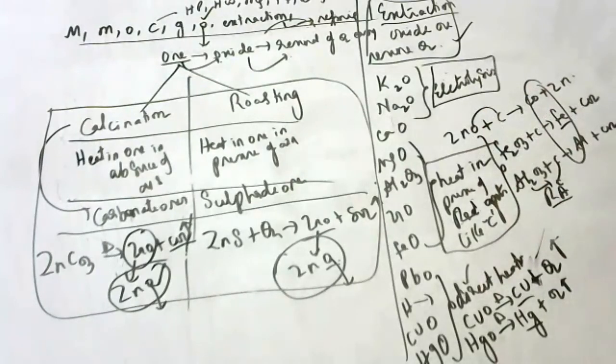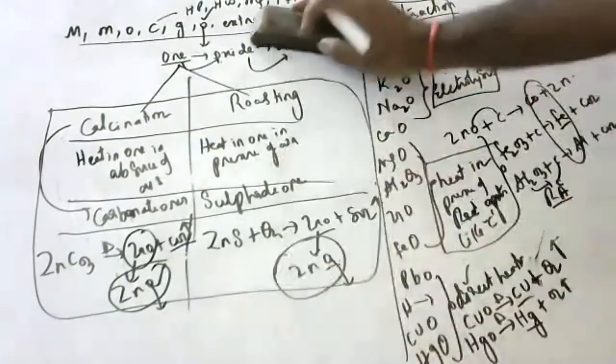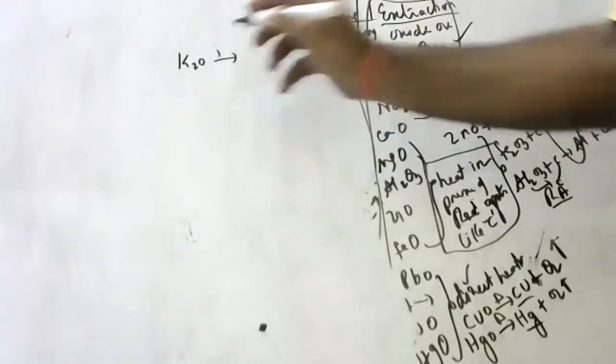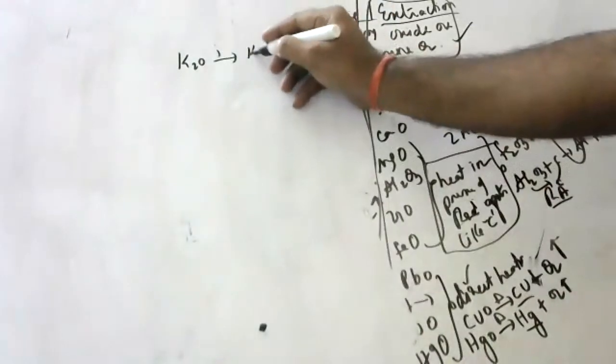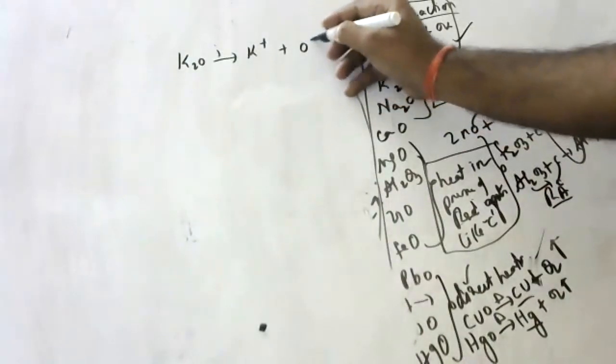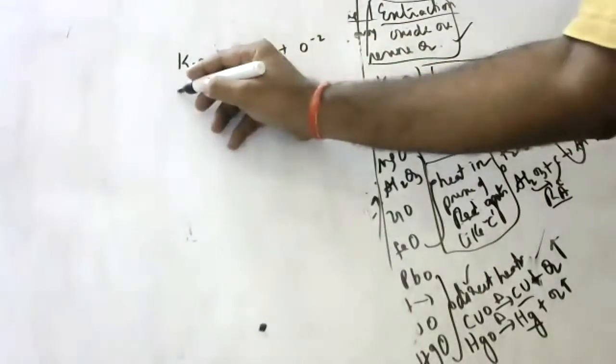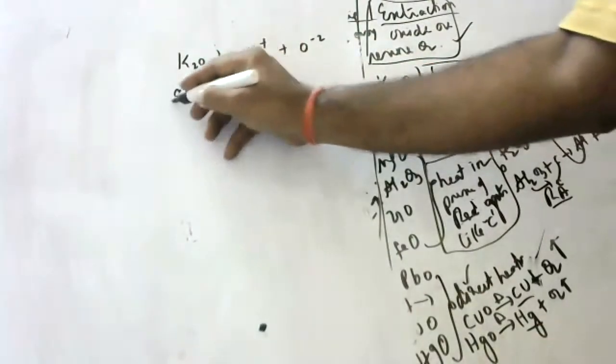What is meant by electrolysis? Pass the current. When you pass the current, see here, suppose potassium oxide is there. It breaks up into K plus and O minus. Because this is minus, where will it go? It will go to the anode.